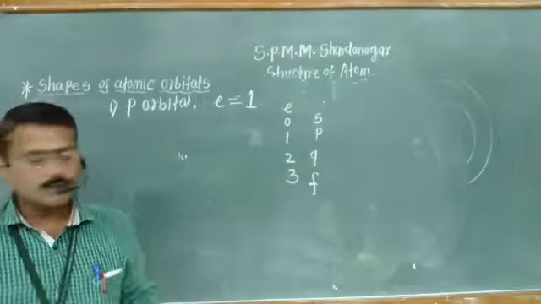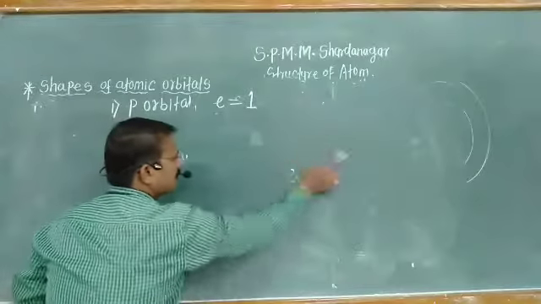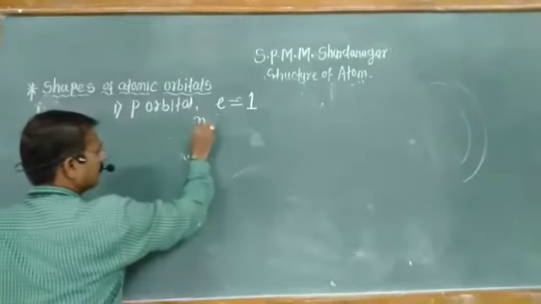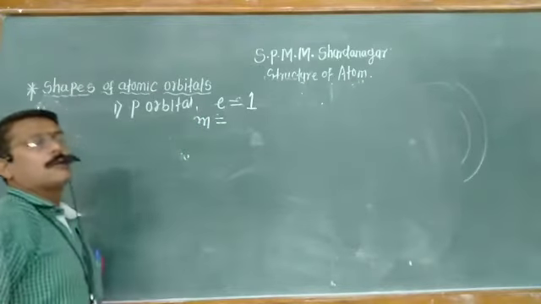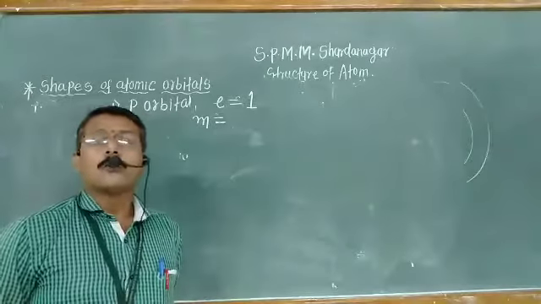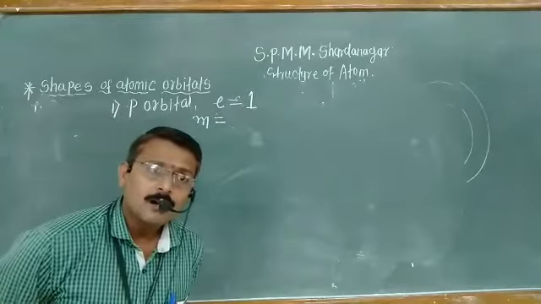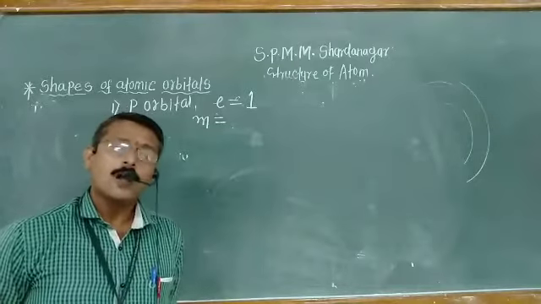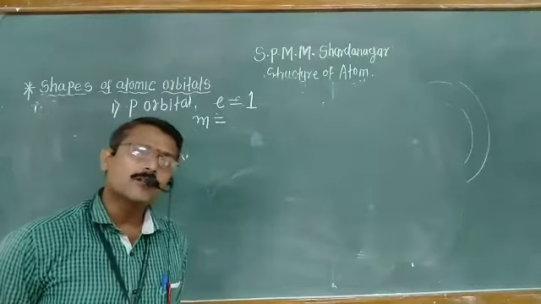From the value of azimuthal quantum number L, we can determine the value of the magnetic quantum number.